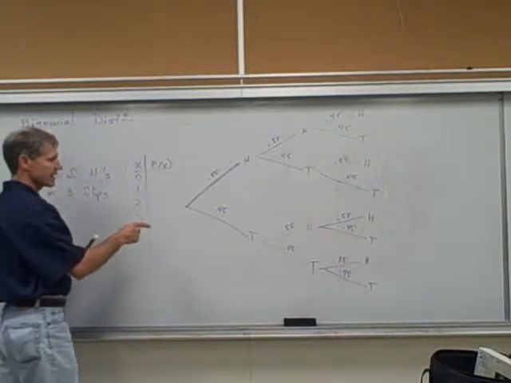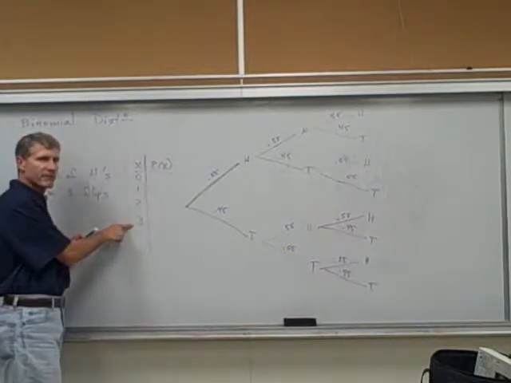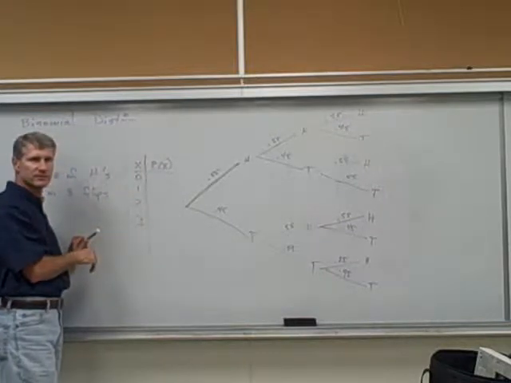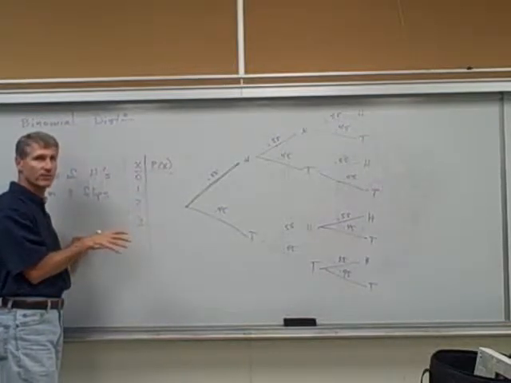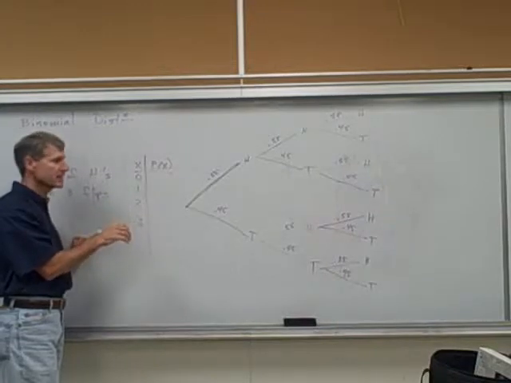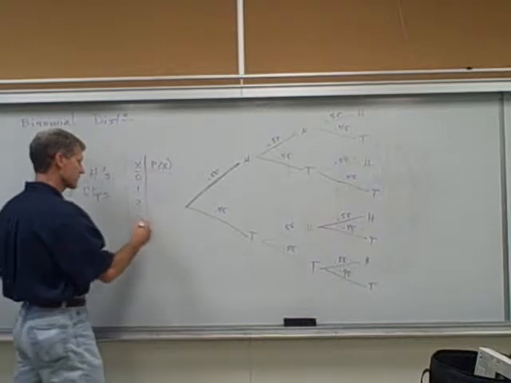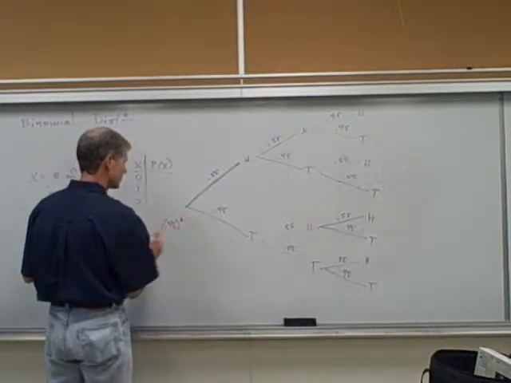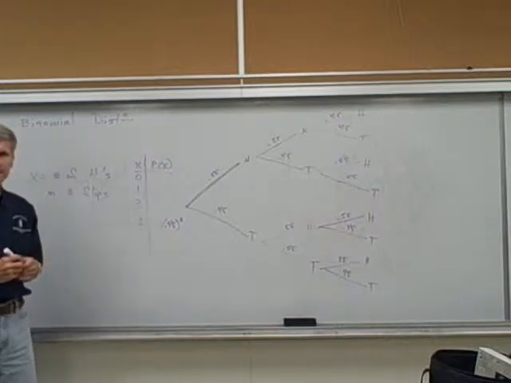So I can write that. You can find the probability for any branch by doing what along the branch? Multiplying, that's the multiplication rule. Tails on the first one, and tails on the second, and tails on the third means multiplication rule. So this one is 0.45 cubed. Right?